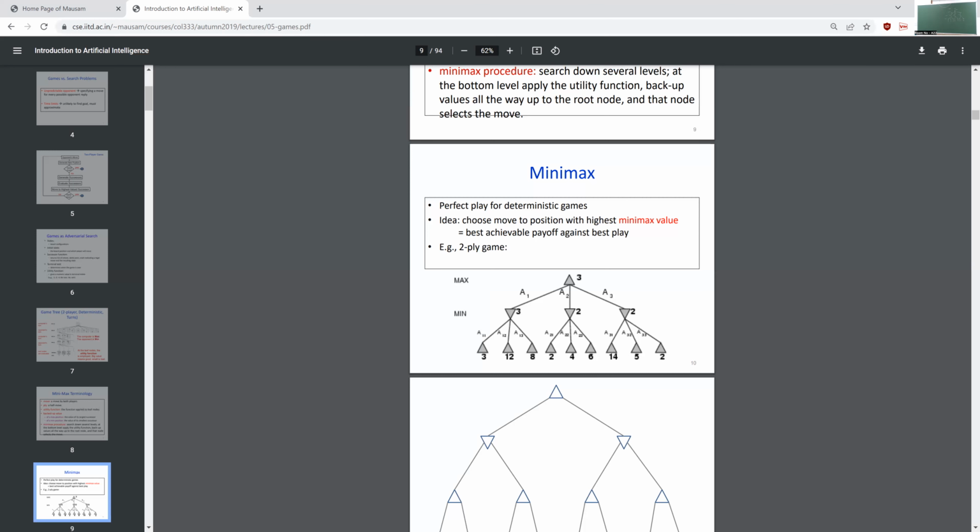The value 3 here means the following: what is the minimum utility function of that state, given that both the players play optimally from that point onwards.